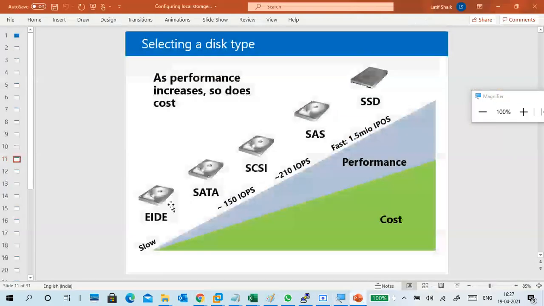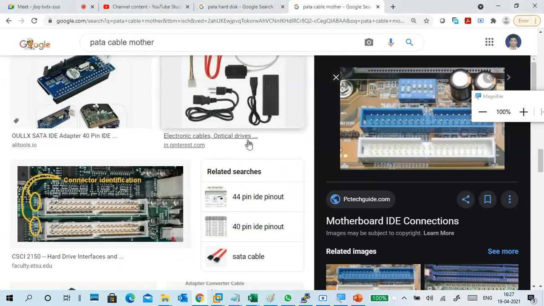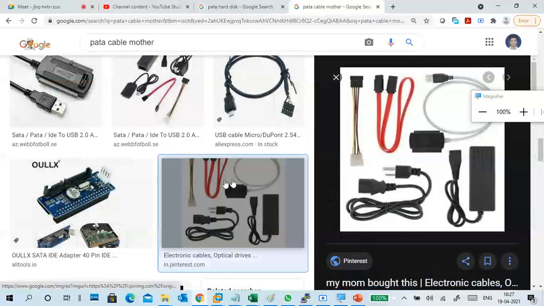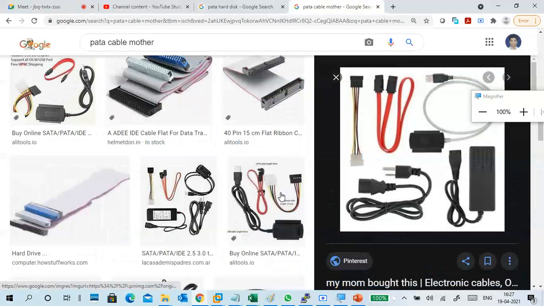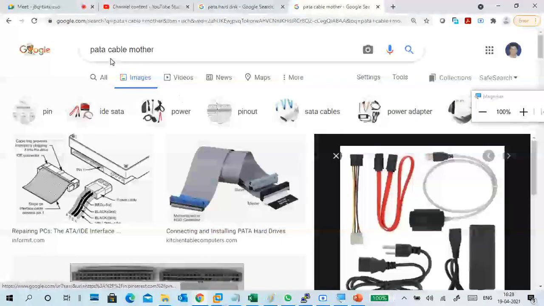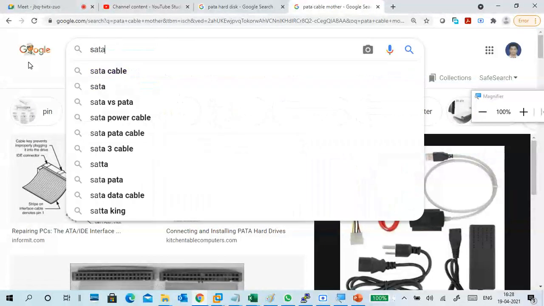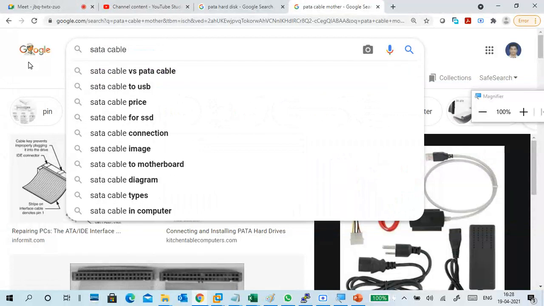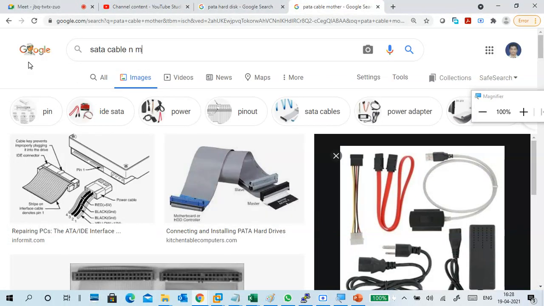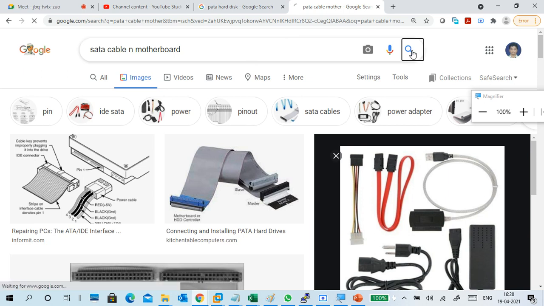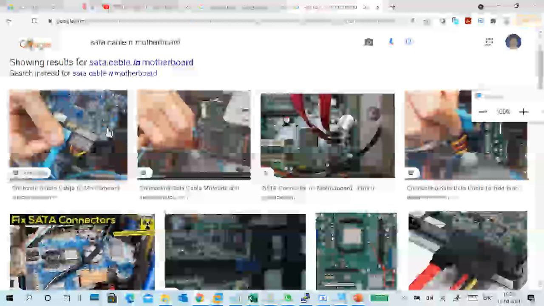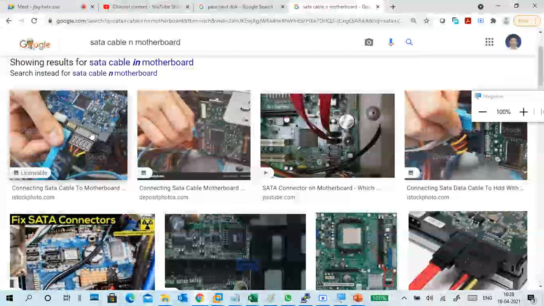That is the IDE type, and next is the SATA type. SATA type is this red color. Can you see this red color? SATA cable and motherboard interface. This is a hard disk connection.